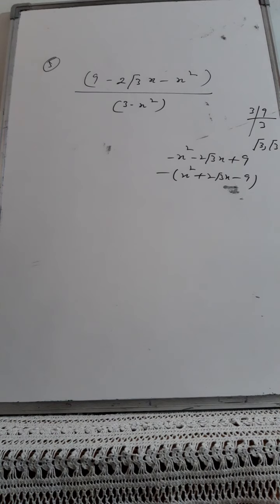Somewhere this is (9 minus 2 root 3 x minus x square) upon (3 minus x square). So while you are doing this, you can think about your middle term splitting. Otherwise, this is in a third form you have not done before.